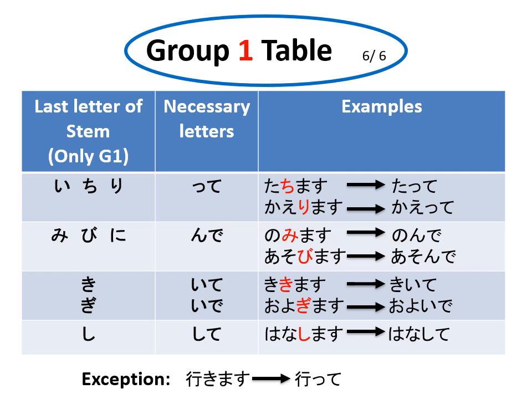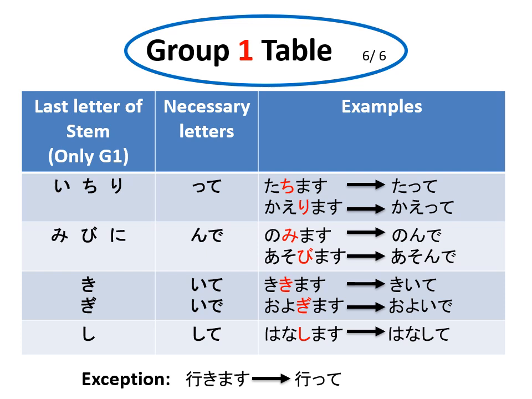Okay, so we've got the first row of last letters of the stem: i, chi, or ri, you need to add small tsu and te.